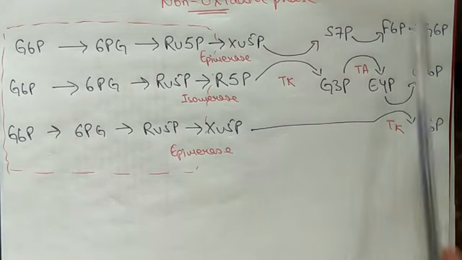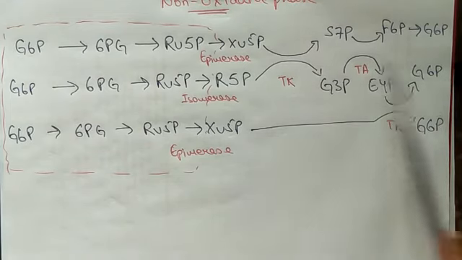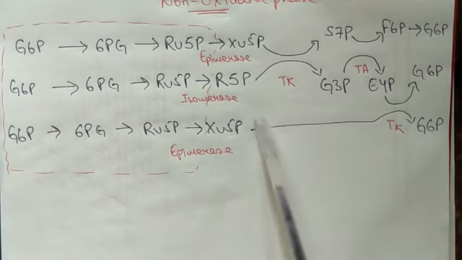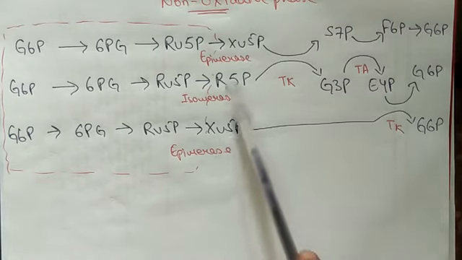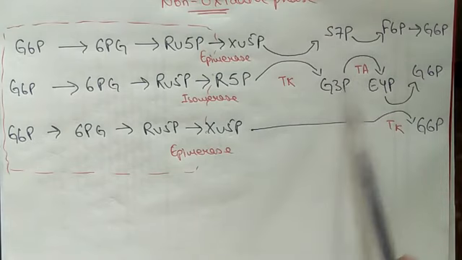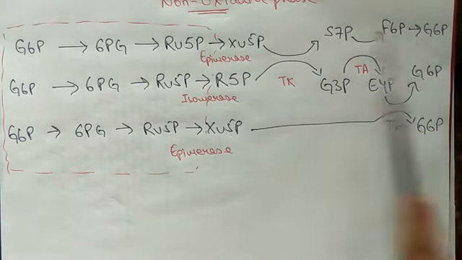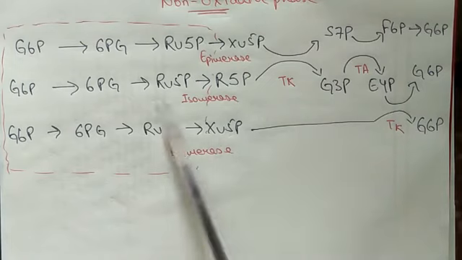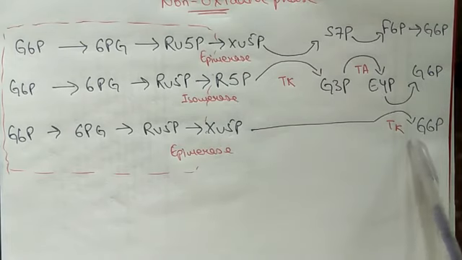How? This process and this process are the same. Therefore, I have done this because in the presence of transketolase you will form sedoheptulose, and you know the rest. So this process is repeated. So here at last glucose 6-phosphate forms.